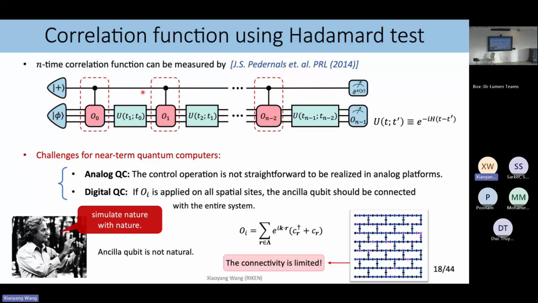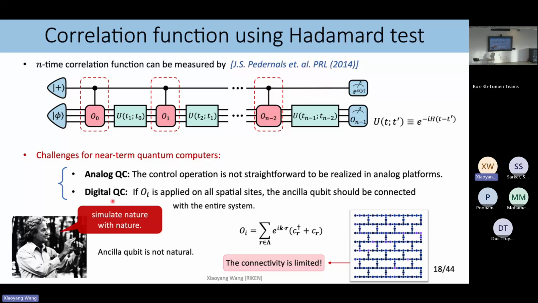However, applying this circuit to a near-term quantum computer is very challenging, because if we have an analog quantum computer, this control operation is not very straightforward to realize, because the control operation is usually regarded as a digital operation.